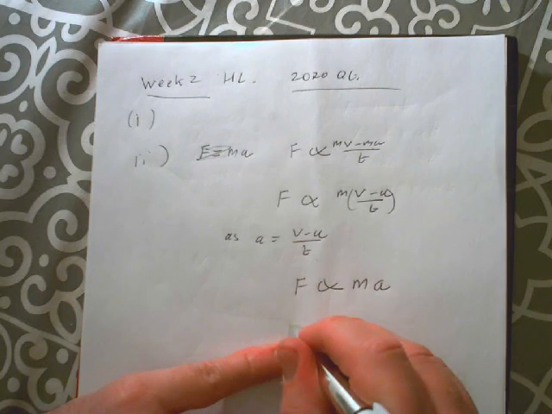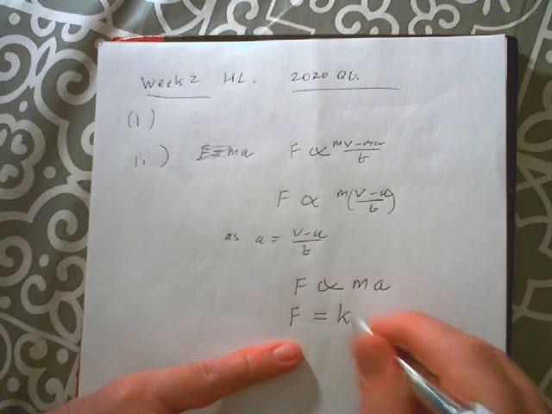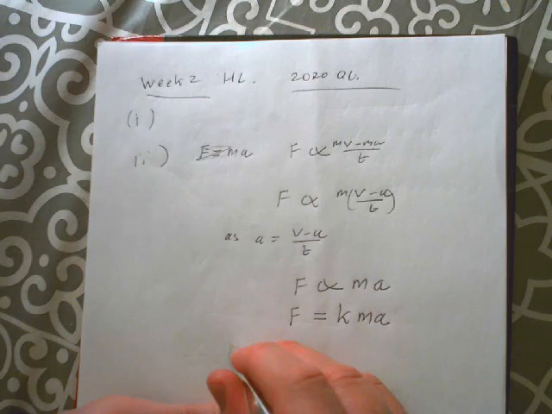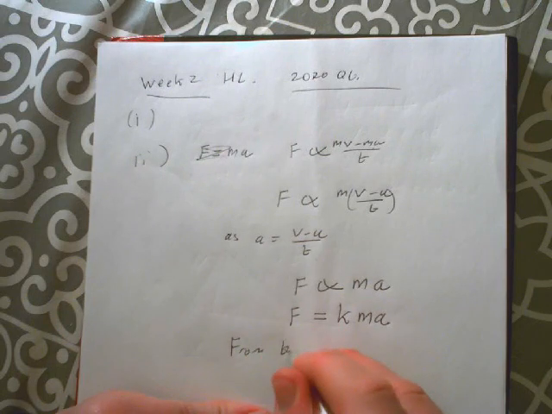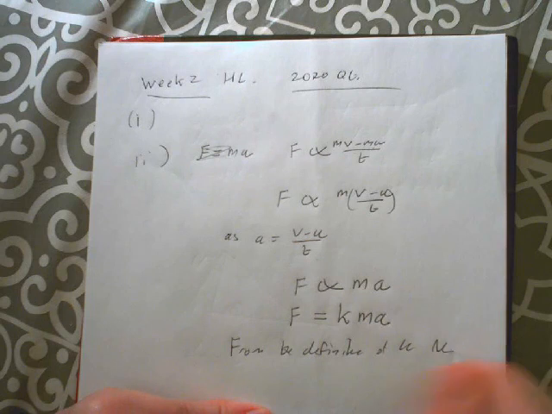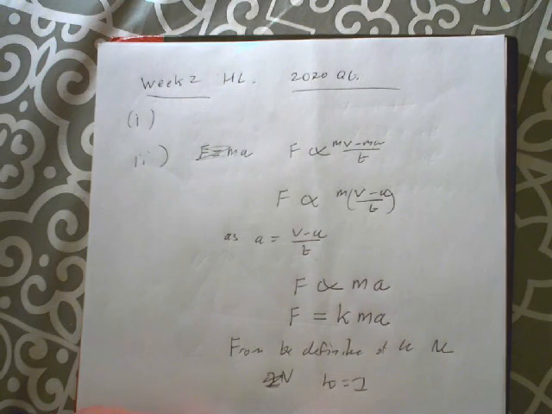And then the final couple of steps to make it an equation rather than a proportional relationship, we have to introduce the constant of proportionality, the k. So F equals kma. And because 1 Newton is a force that gives an object of 1 kilogram an acceleration of 1 meter per second squared, k equals 1. That gives us F equals ma.